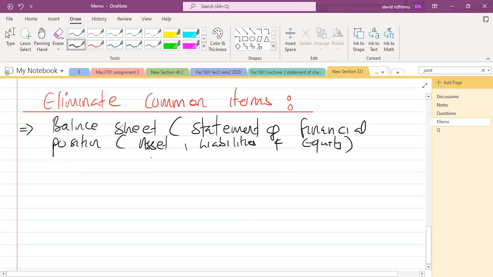So when we say common items, it is any of those three descriptions. We are saying these appear in both financial statements.